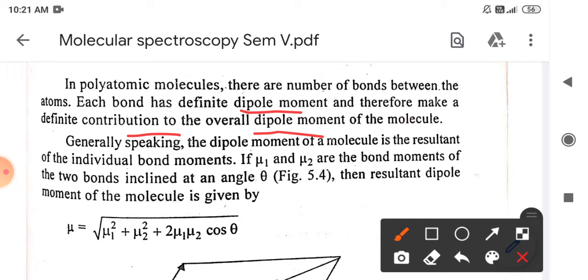So how do we find the overall dipole moment? There is one formula: the dipole moment of a molecule is the resultant of the individual bond moments. If mu1 and mu2 are the bond moments of two bonds inclined at an angle theta, then the resultant dipole moment of the given molecule is mu equals the square root of mu1 squared plus mu2 squared plus 2 mu1 mu2 cos theta.